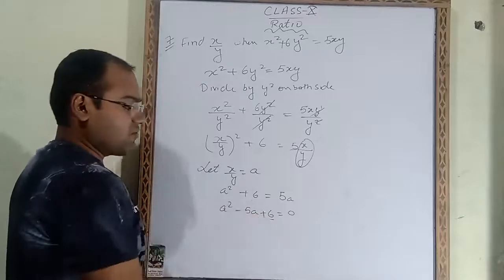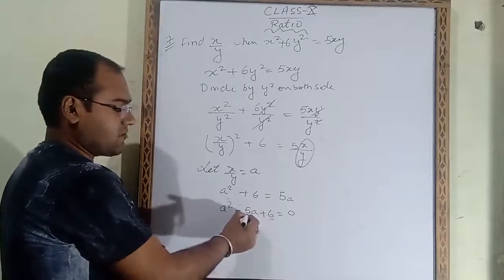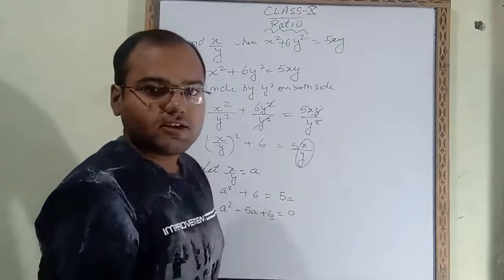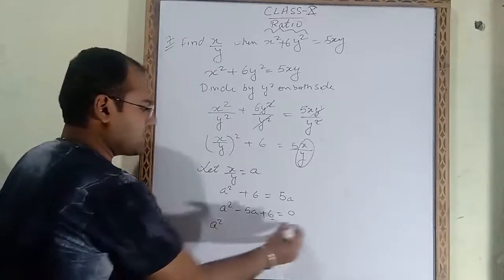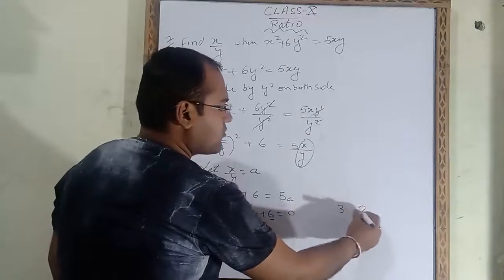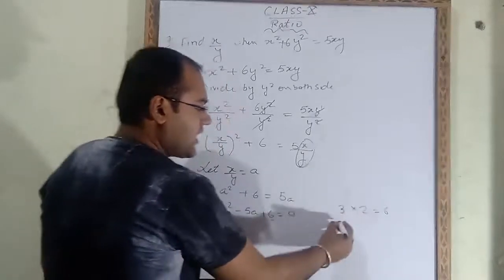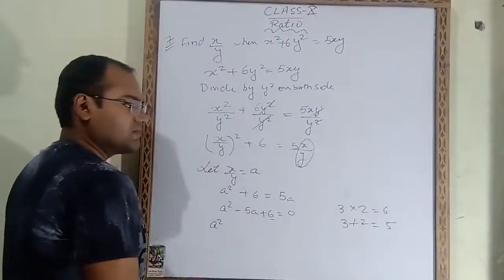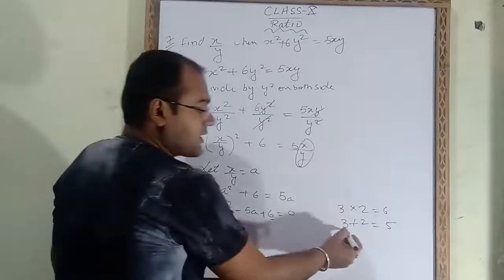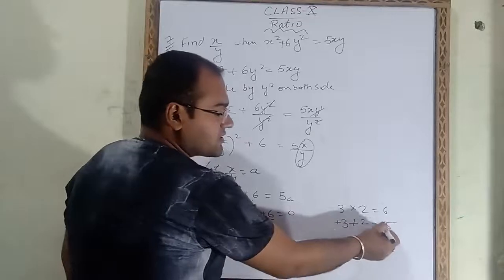We have to find factors of 6, and with those factors we have to make minus 5. So 3 twos are 6. That means we have to take 3 and 2, because 3 times 2 is 6, and when we add these two we get 5. But if we take plus 3 and plus 2, the answer will be plus 5.